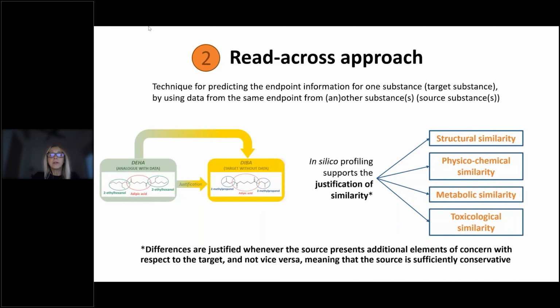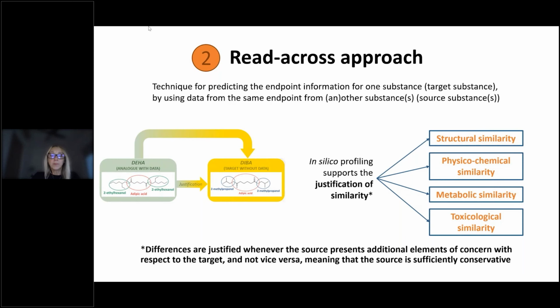In the read-across approach, the information of a given property or of a given endpoint for one or more sources, the so-called data-rich chemicals, is used to predict the property or the endpoint for one or more target chemicals that are lacking this experimental evidence, so the so-called data-poor chemicals.